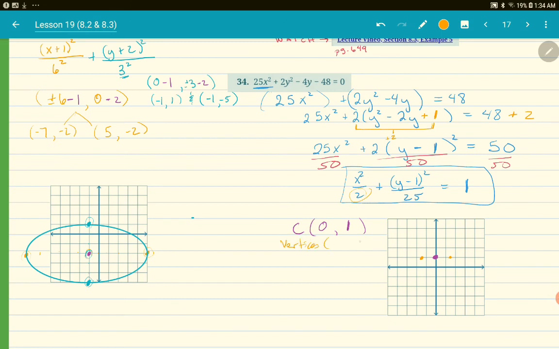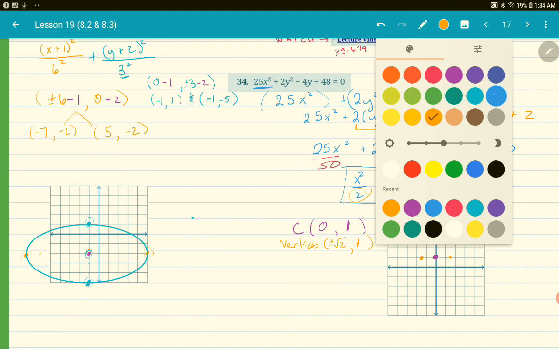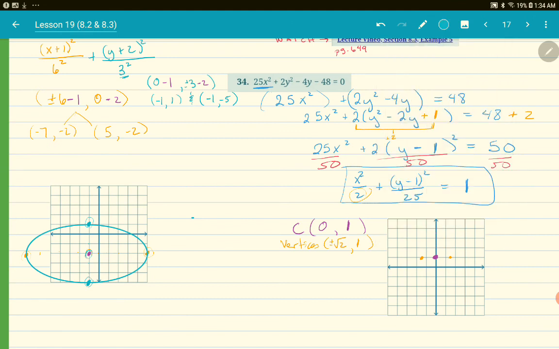And so those vertices in the x direction are plus and minus radical 2. And the y is 1 for both of those. And in the y direction, I take the square root of the denominator under the y squared term, and that's the 25.